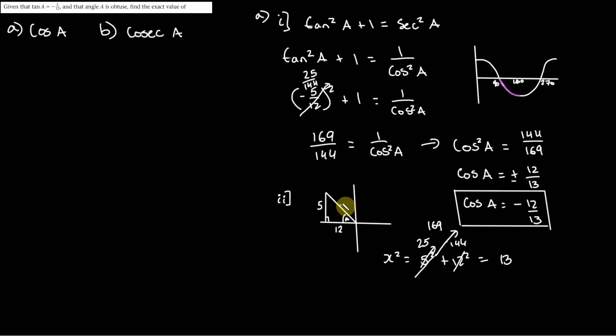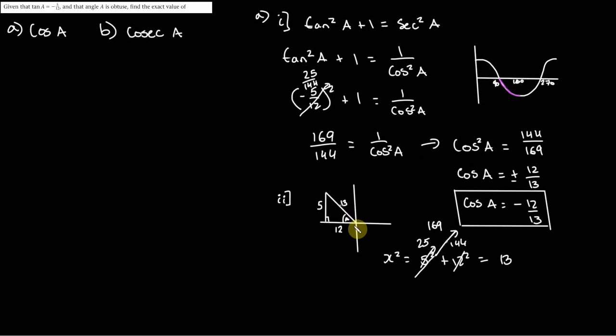So it's a 5, 12, 13, as I said. Pythagorean triplets, and so we write that here. And you'll say, okay, we've already found the values of this triangle. It's a 5, 12, 13. In terms of the actual angle, we need to find cos of A. Well, what is cos A?